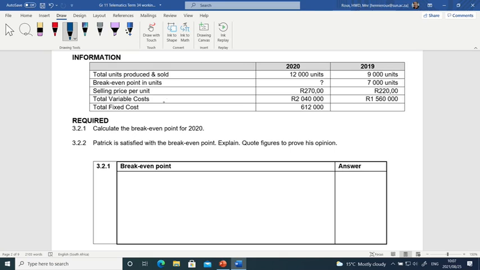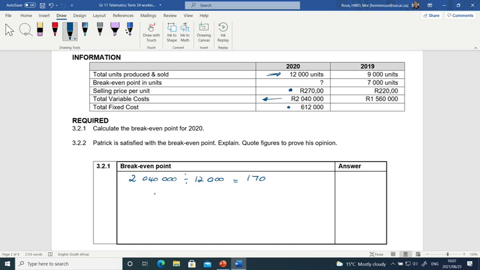You must know. Break-even point, total fixed cost, divide by the selling price per unit minus the variable cost per unit. So I must still calculate the per unit cost of the variable cost. Now, if that is the total variable cost, divide by the number of units, the 12,000, then the variable cost per unit is 170.